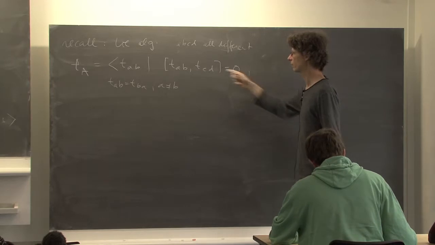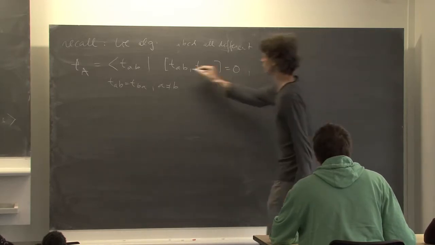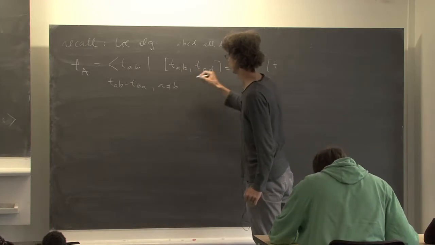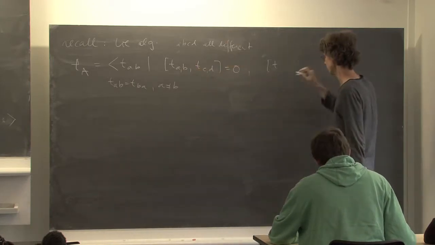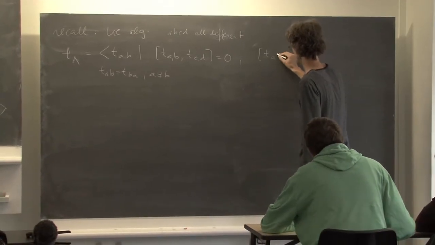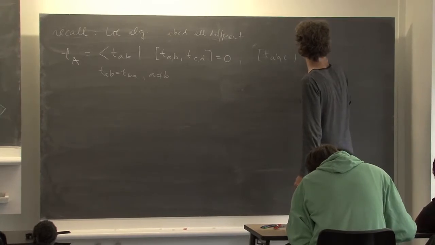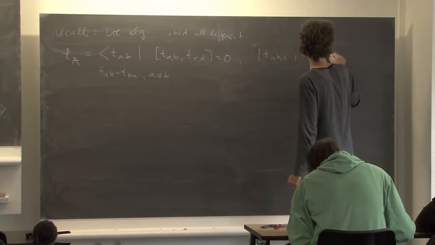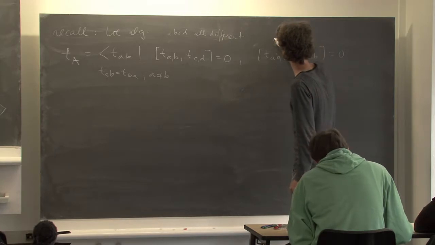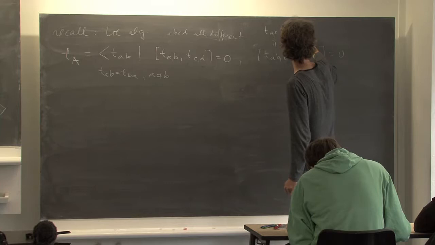And another relation was, maybe I was writing commas there, but sometimes I will forget, it doesn't matter, that [t_AB + t_AC... that is, the commutator of t_AB with t_(AB),C is equal to 0, where this guy is by definition t_AC plus t_BC.